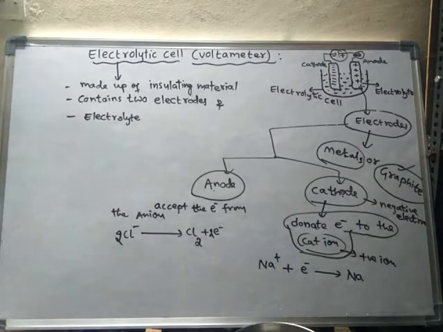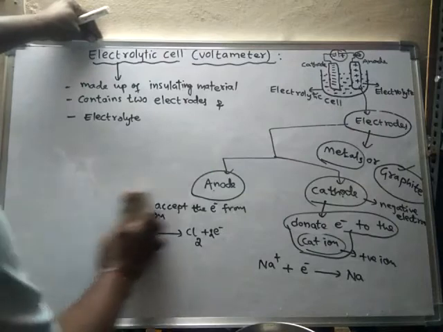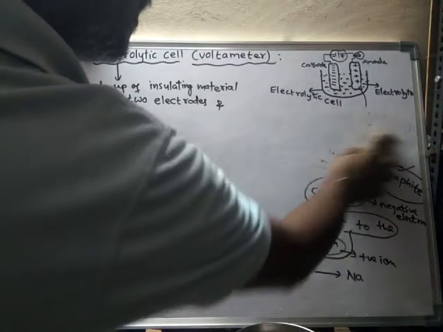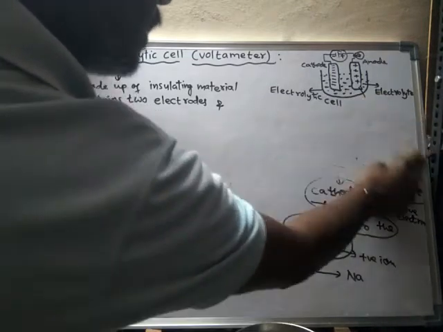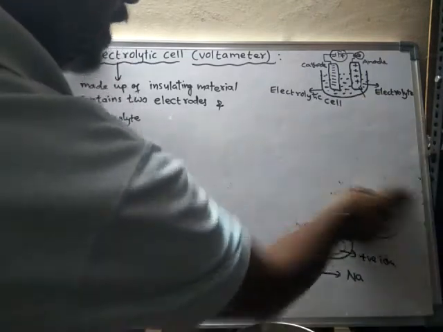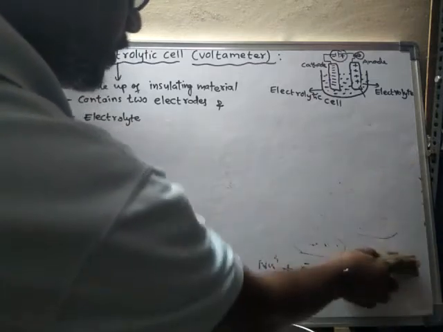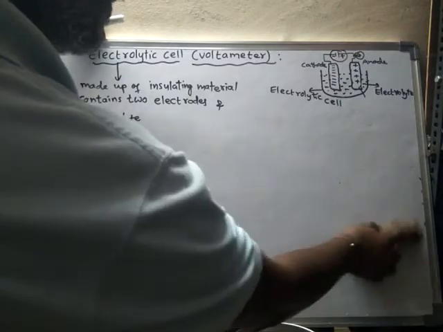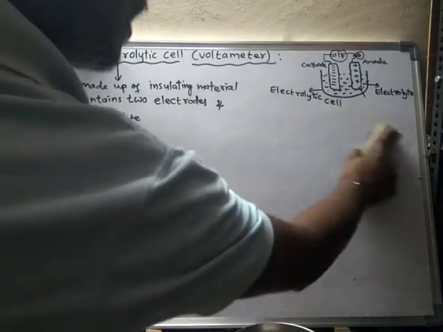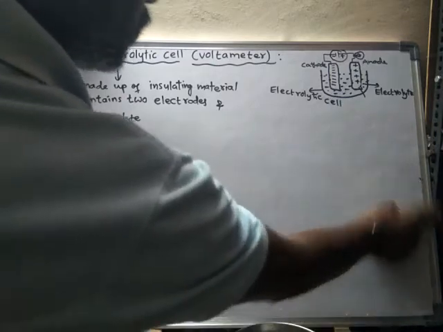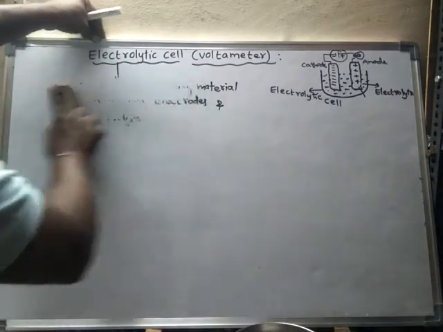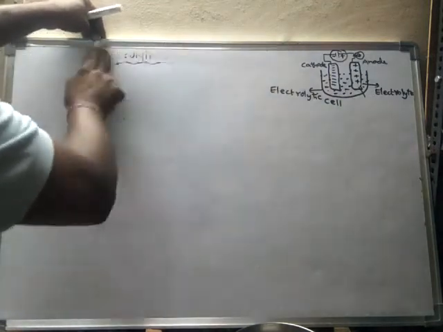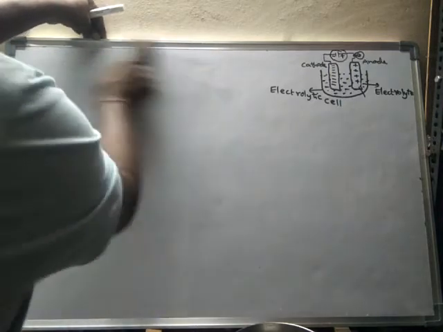Now let us learn about ions. What are ions? Ions are nothing but charged particles. A charged atom, or a charged group of atoms, is called an ion. It may be a positive ion or a negative ion.